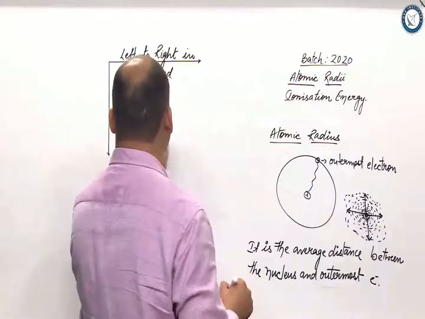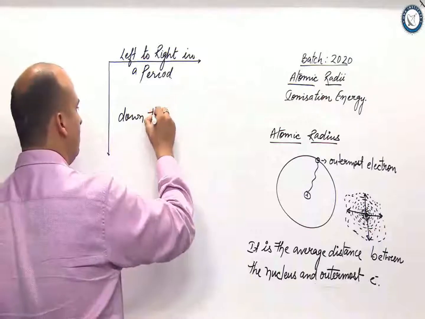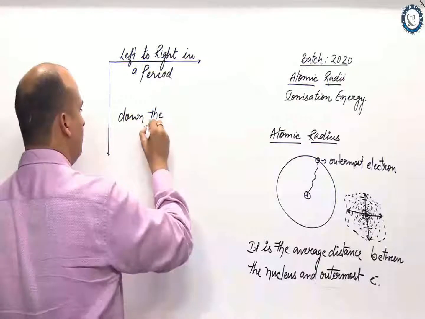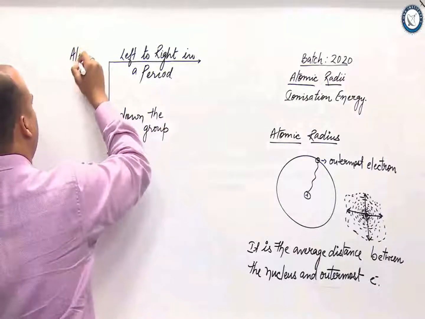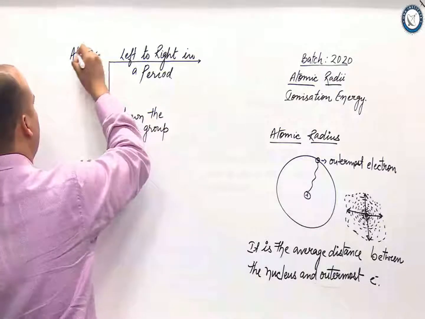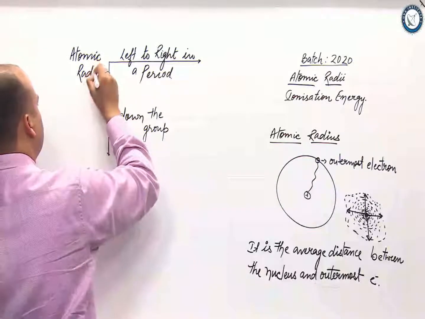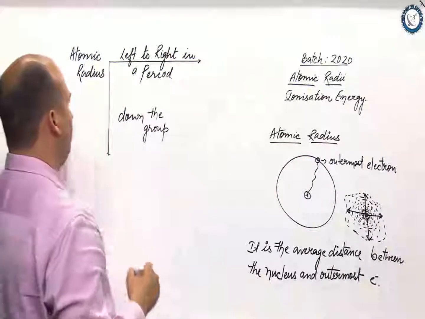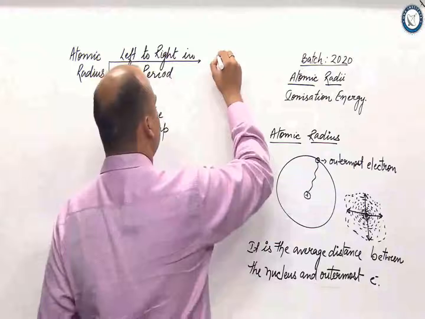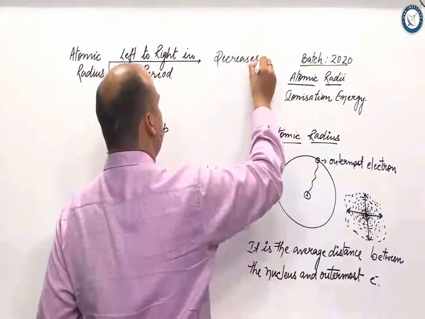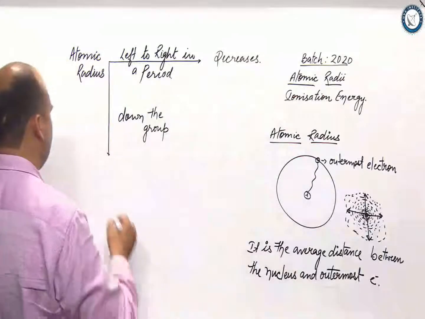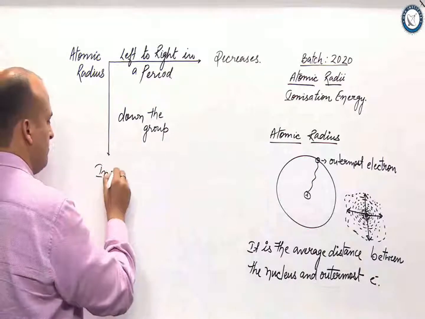Now we are talking about atomic radii, so I am writing it over here, atomic radius. Moving from left to right in a period, the atomic radius decreases, whereas when going down the group, the atomic radii increases.